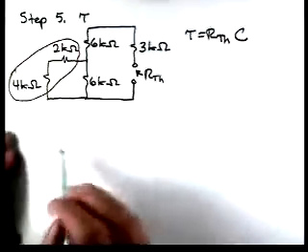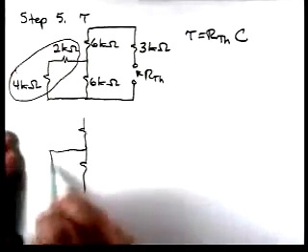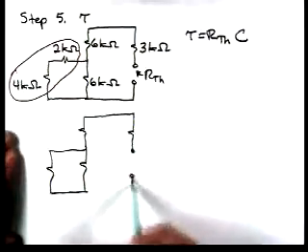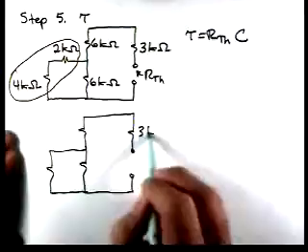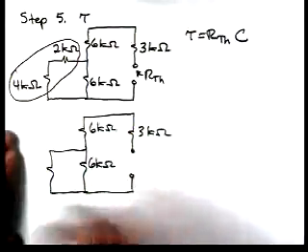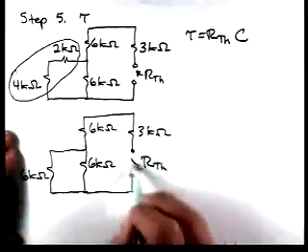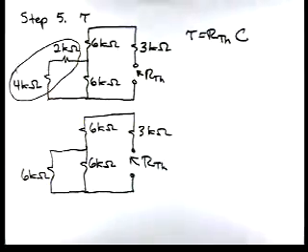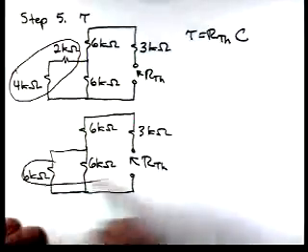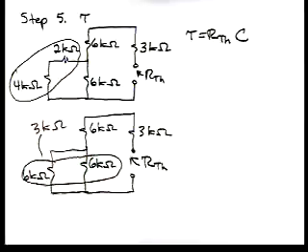So we could redraw our circuit, and it would look like this. And these two in parallel would be a 3K.